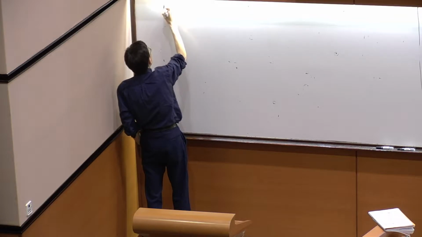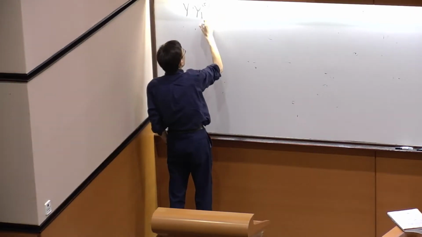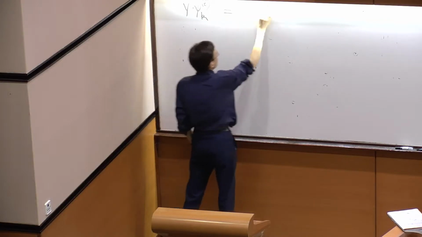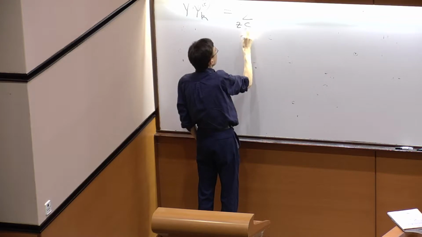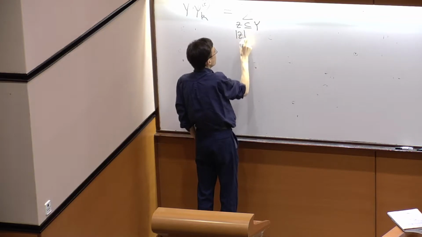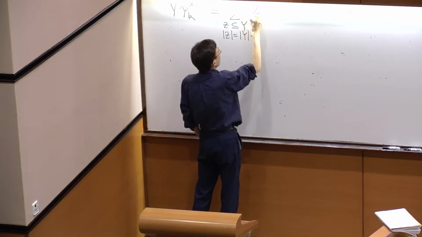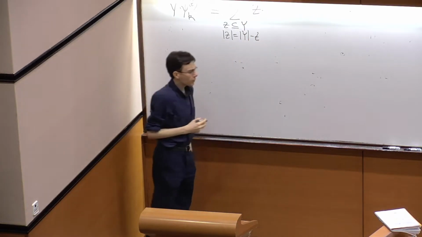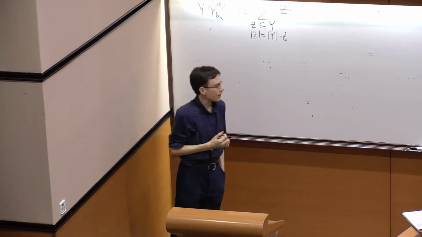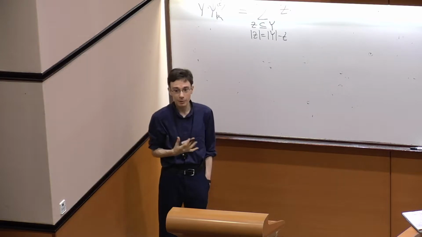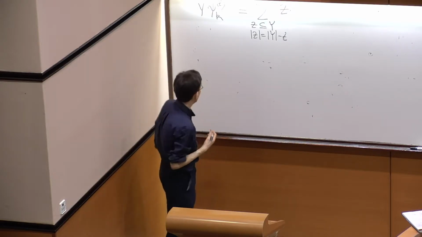So y goes to the sum over all z subset of y, such that the size of z is the size of y minus t, of z. And if we take t to be 1, then this is the analogue of the boundary map, because I'm simply going through deleting exactly one element, with the signs now being irrelevant.